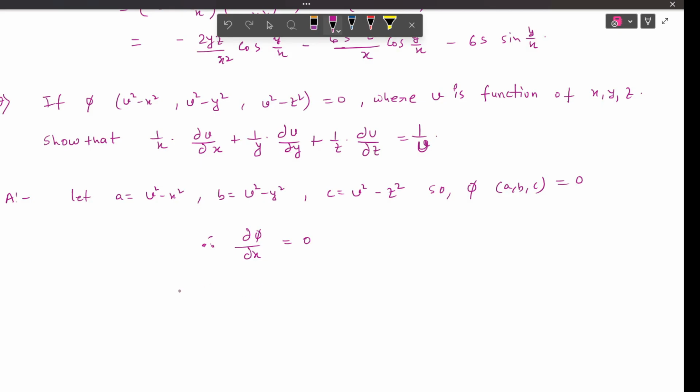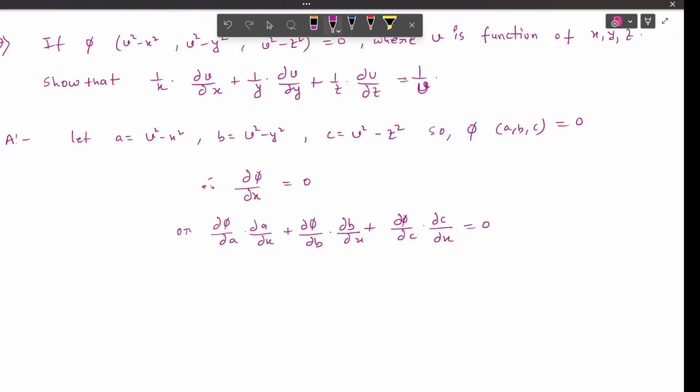So we can say this is ∂φ/∂a into ∂a/∂x plus ∂φ/∂b into ∂b/∂x plus ∂φ/∂c into ∂c/∂x. This should be 0.